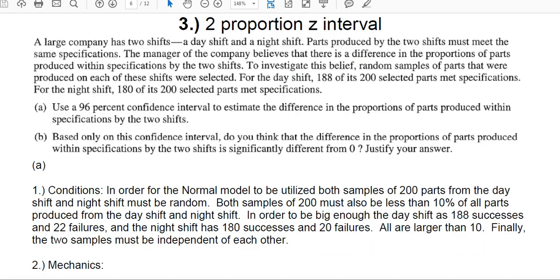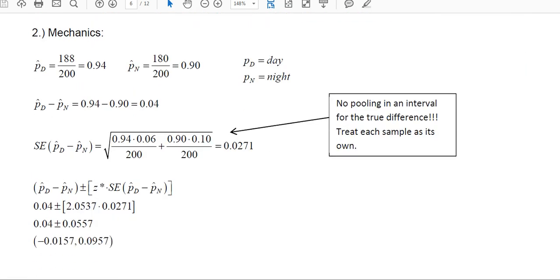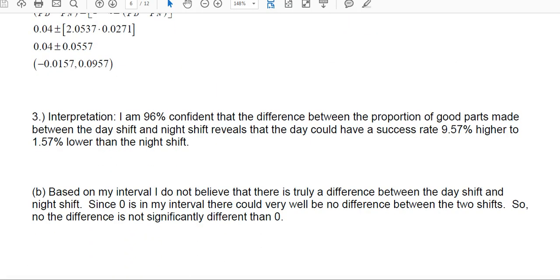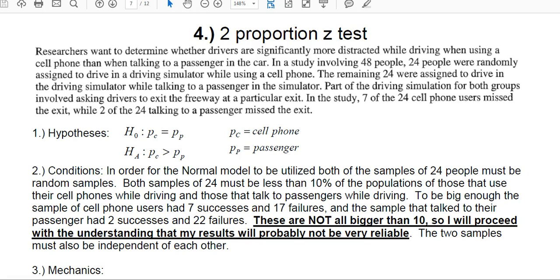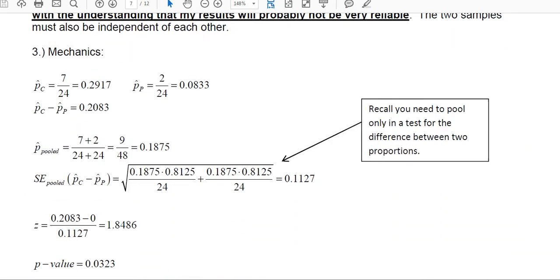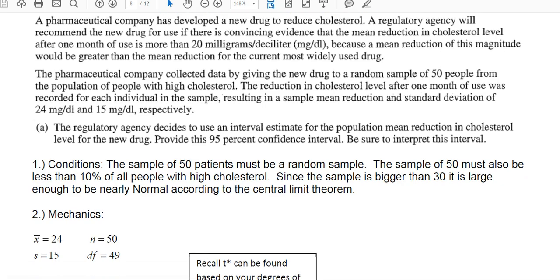Here is a 2 proportion z interval. Here is a 2 proportion z test. Here's a one sample t interval for means.